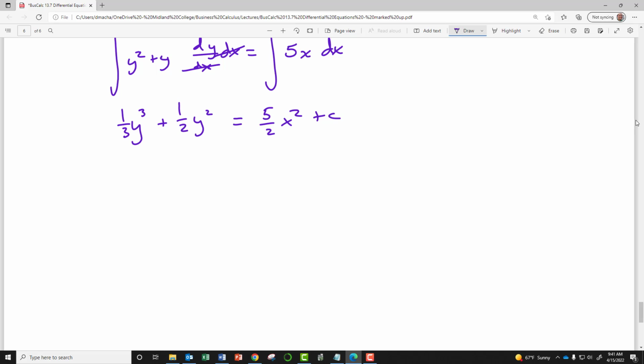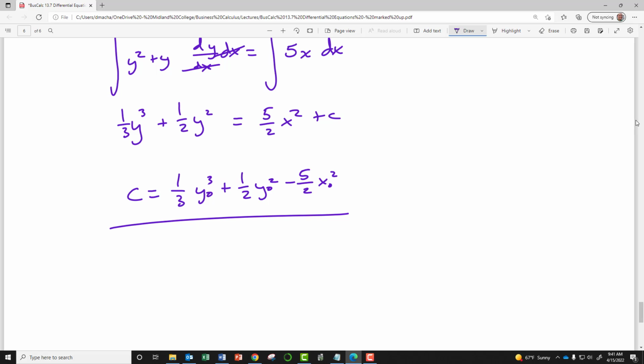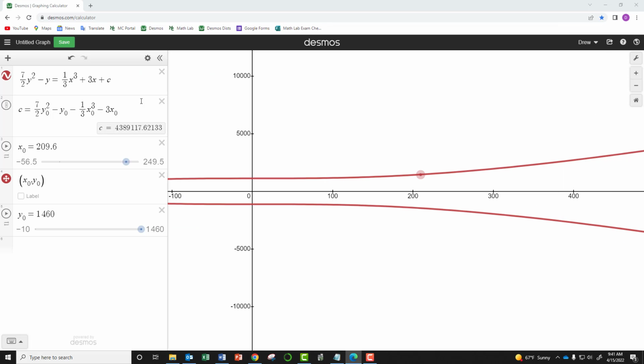And I'm going to leave this alone with the note that whatever initial values y naught and x naught I choose, c is going to be 1/3 y naught cubed plus 1/2 y naught squared minus 5/2 x naught squared, and that's going to be the value for c. So if we plug this into Desmos, we can visualize all of the solutions that we'll get.